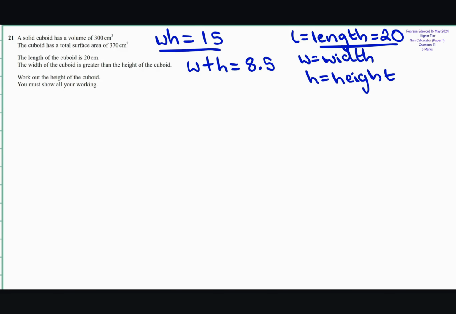Alright, so we know WH is equal to 15 and W plus H is equal to 8.5. Now, let's see if we can substitute anything here. WH equals 15, right?